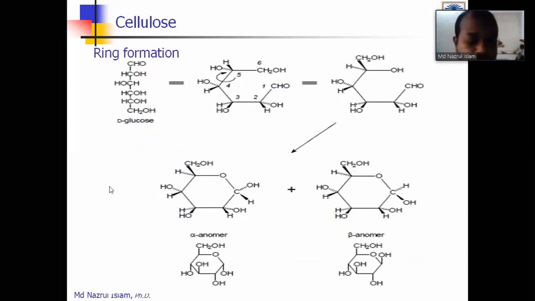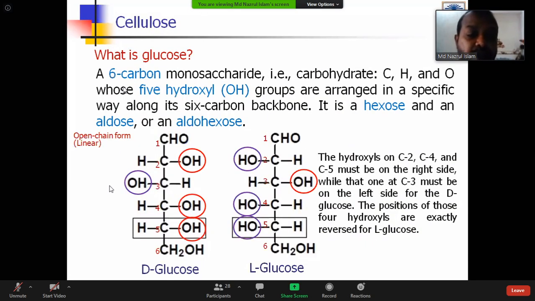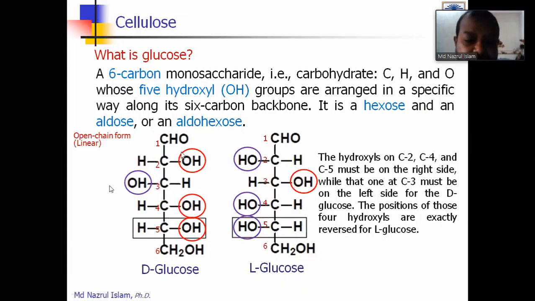One is D-glucose, one is L-glucose. One more thing, in food, mostly you will find D-glucose, not L-glucose. That is one thing you need to remember. So when we see the linear structure, there are 2 different types of glucose, D-glucose and L-glucose.